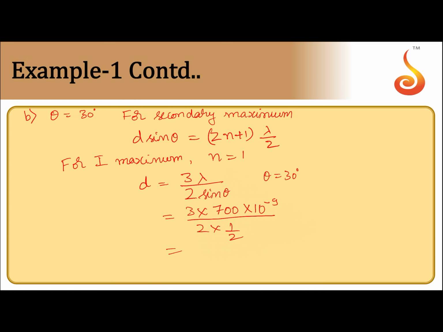So half and 2 get cancelled. So this will be 2100 into 10 to the power minus 9 meter, or 2.1 into 10 power minus 6 meter, that is 2.1 micrometer. So just by using the condition for maximum and minimum, we get this.